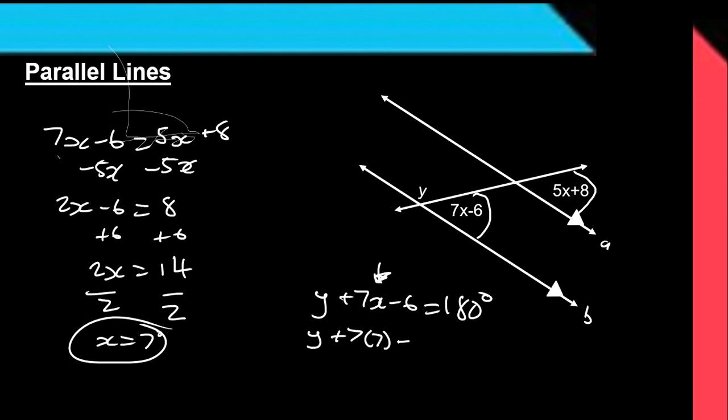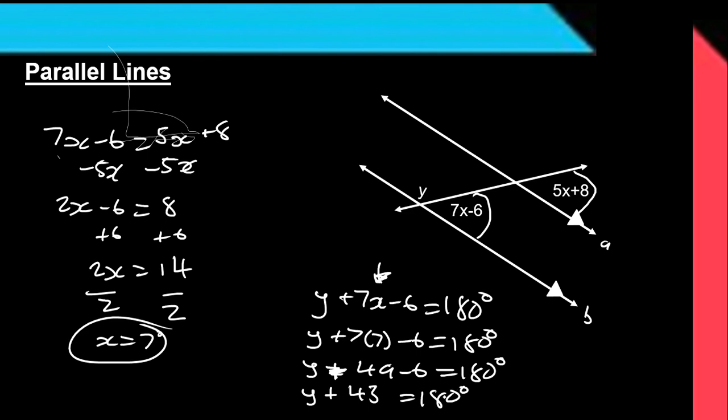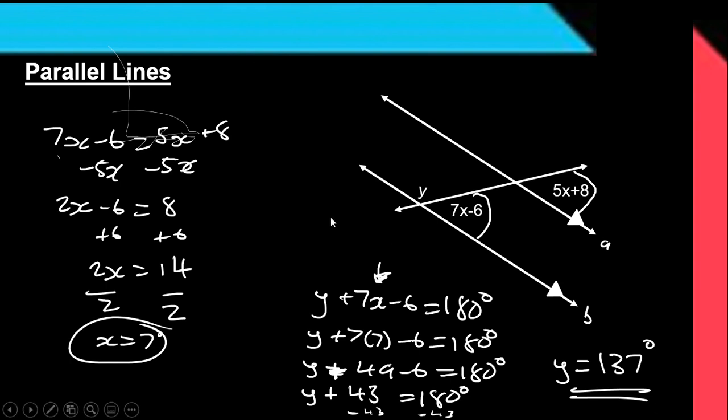So y plus 7 times 7 minus 6 is 180 degrees. y plus 49 minus 6 equals 180 degrees. 49 minus 6 is going to leave me with 43, so y plus 43 equals 180 degrees. If I subtract 43 from both sides, that's going to give me y equals 137 degrees. And that is looking at parallel lines and angles on parallel lines.